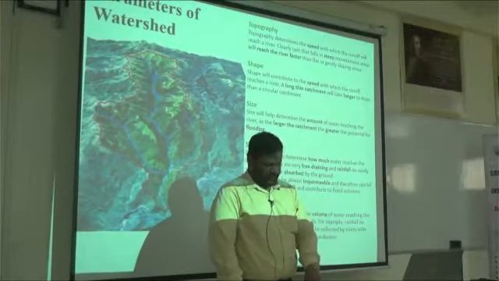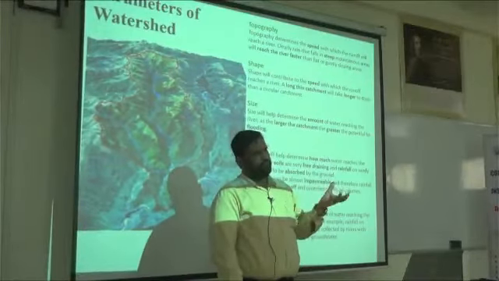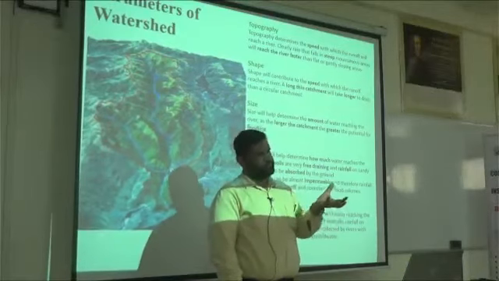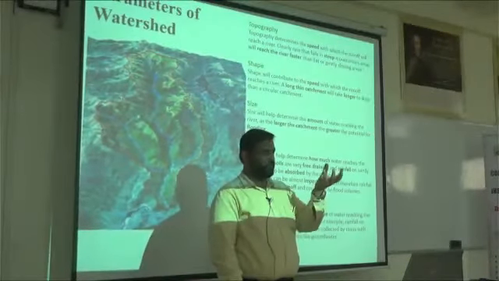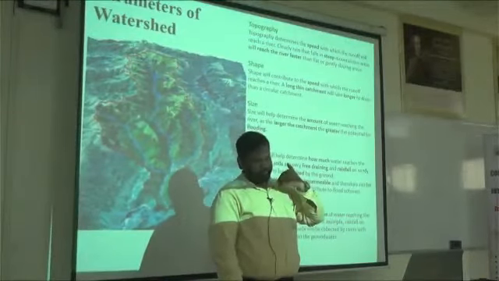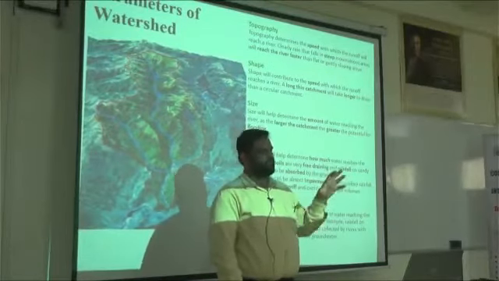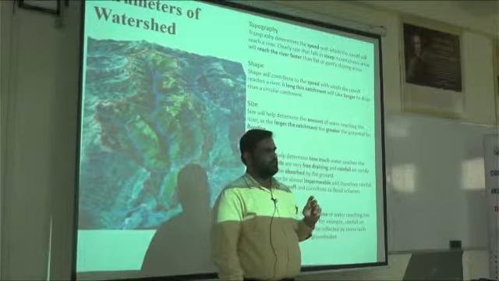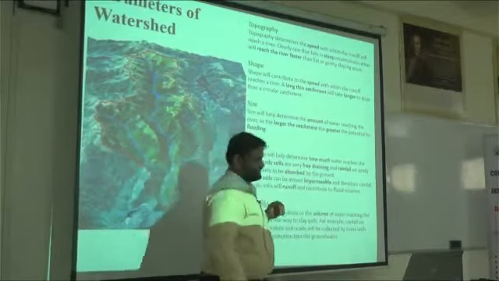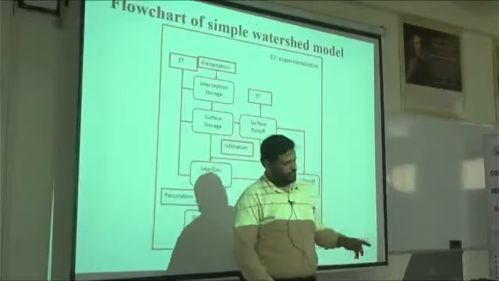For urban catchments, or to simulate urban storm hydrology, we will not go with SWAT; there is some other kind of model, or you can use empirical equations developed for regional scale, like the rational formula. All the design parameters used in your sewerage designs or pipeline networks are based on the rational formula only. They compute the peak discharge values during the monsoon season and so on. So these are some parameters which we have to keep in mind while doing the modeling parts.